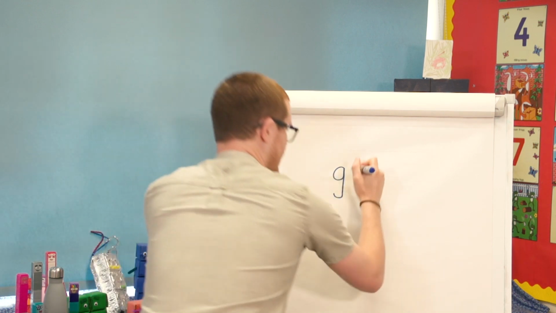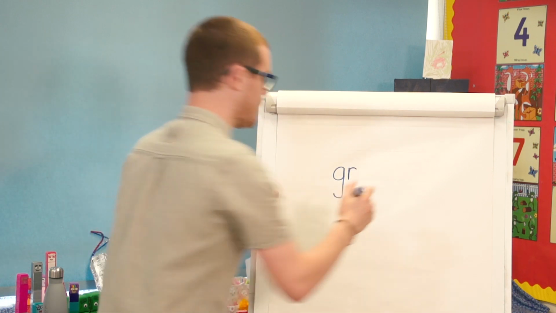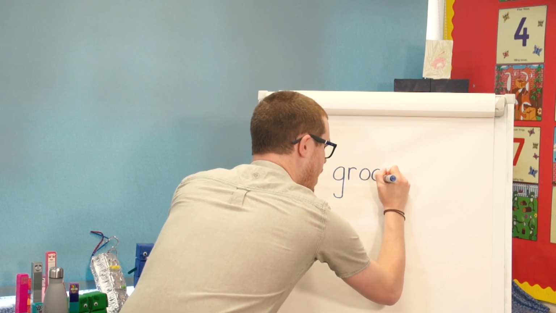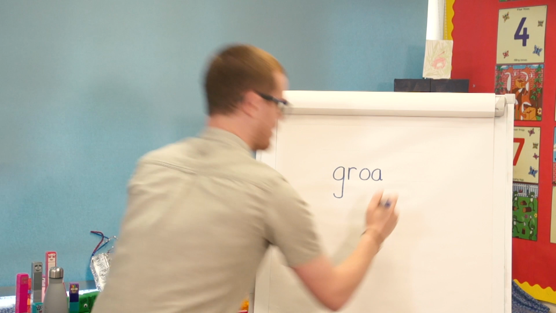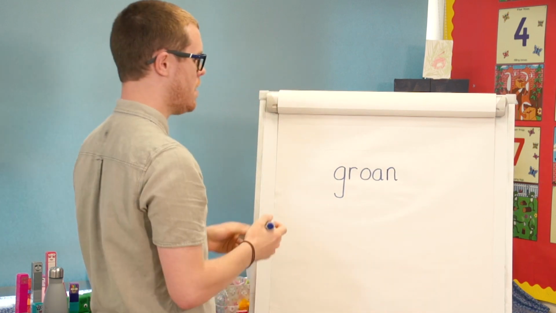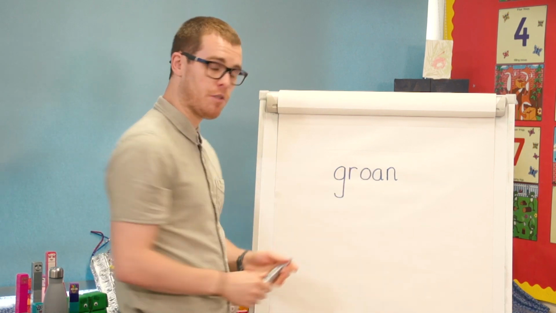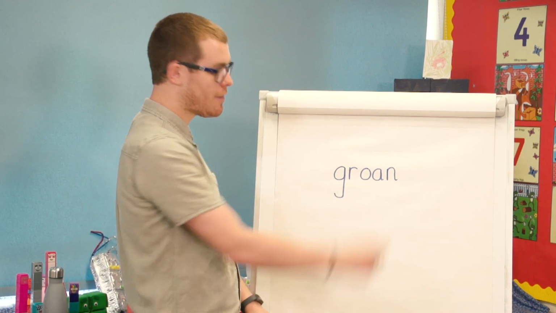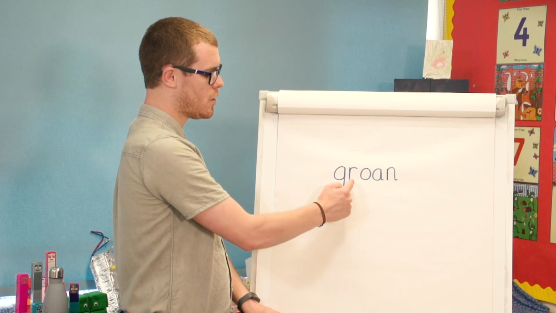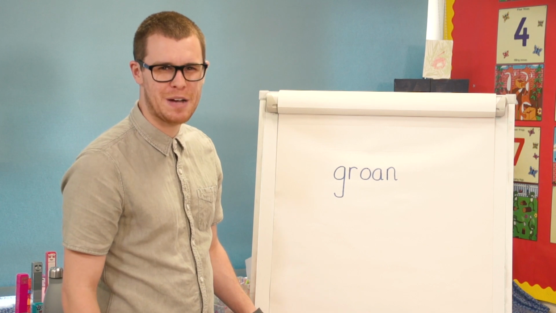G, R, O, N. And I need to use O-A for the sound O because the digraph is in the middle of the word. Groan. G-R-O-N. It has 4 sounds.